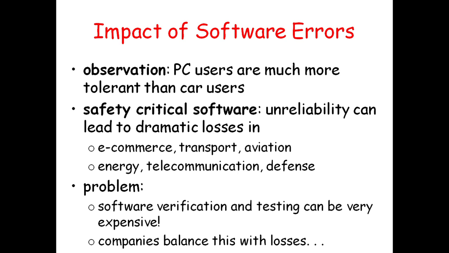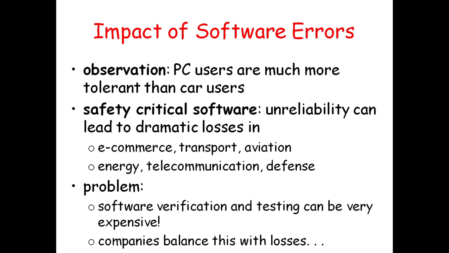But for a car user, where the car runs on software code, a number of software modules are used to automate or control the operation of the car or different components of the car. A software error in a car is more significant because the car can crash.